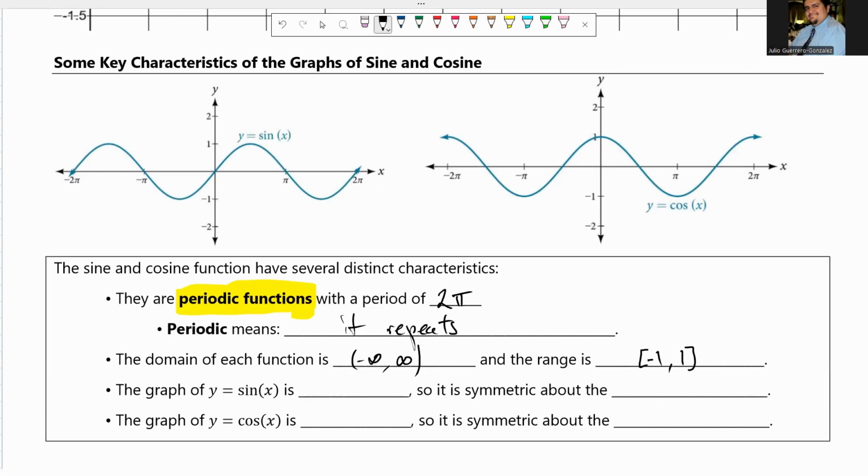A sine graph, we say that it is odd. So that means that this is going to be symmetric about the origin. What this basically says, if you recall, is that we can grab our sine graph and flip it along the x and the y axis, and we get the same shape, as opposed to cosine. Cosine is an even function, so that's only symmetric about the y-axis.